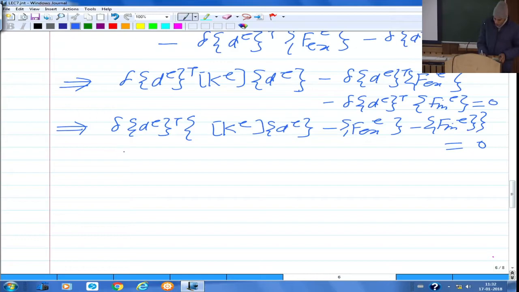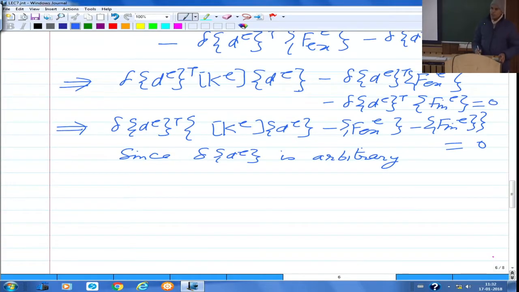Now, this delta of dE is arbitrary. Arbitrary means delta U1 can be non-zero and delta U2 could be 0, or otherwise, or both of them are non-zero. But for all possible variations of dE, this quantity must be equal to 0. So for this to happen, the coefficient of this delta dE transpose must be equal to 0.